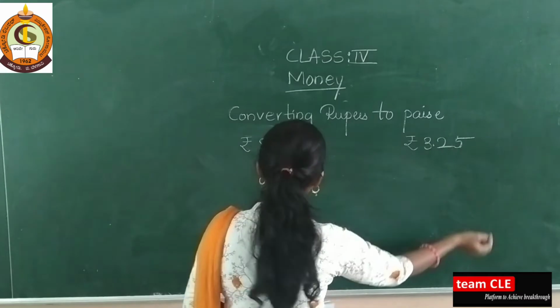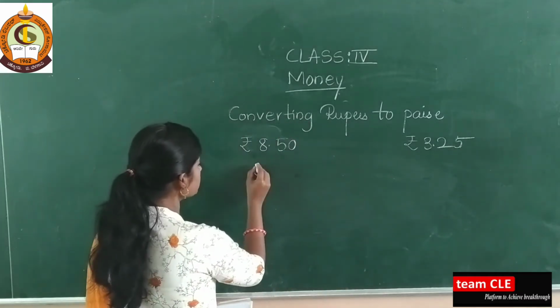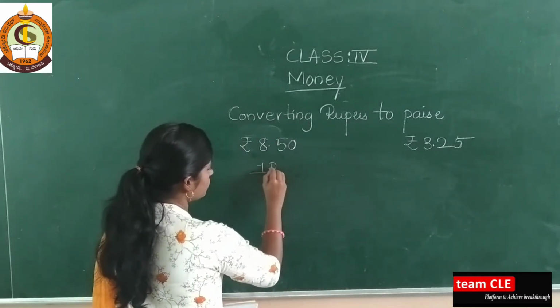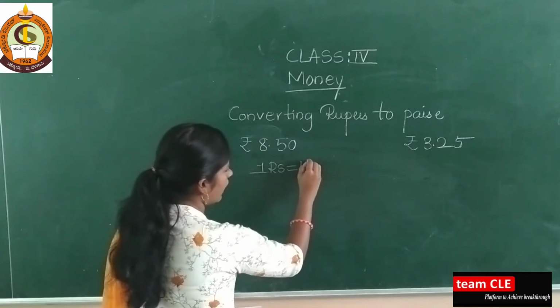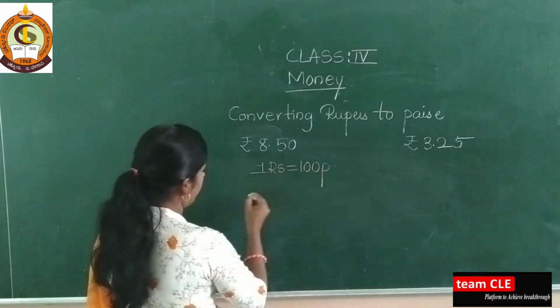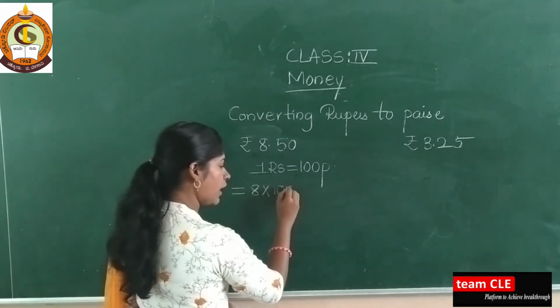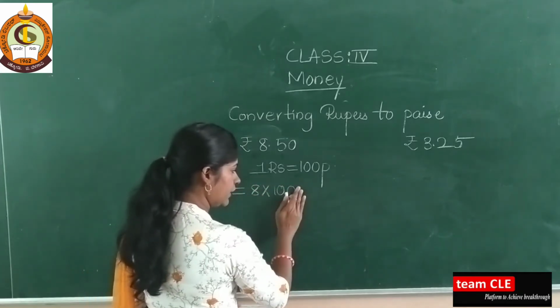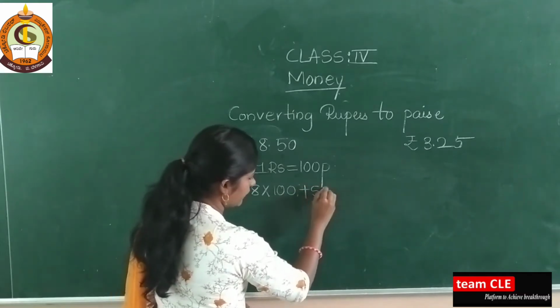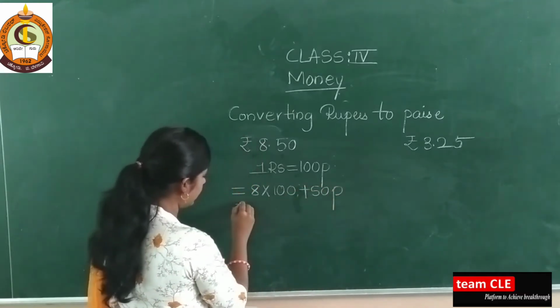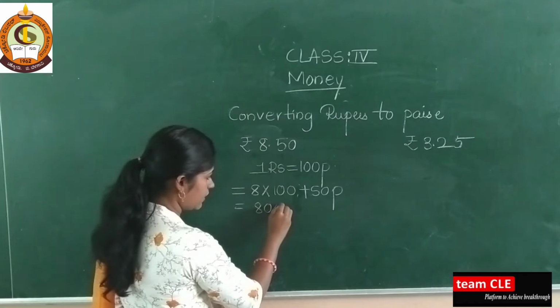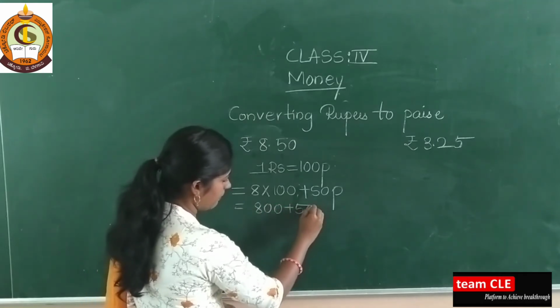So take 1 rupee is equal to 100 paise, and 8 rupees is equal to 8 into 100 paise, 8 into 100 plus 50 paise. 800 plus 50 paise.